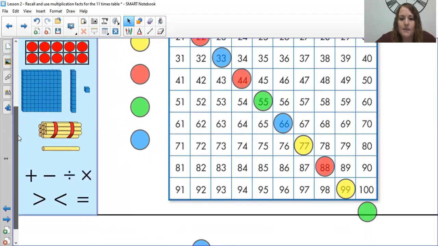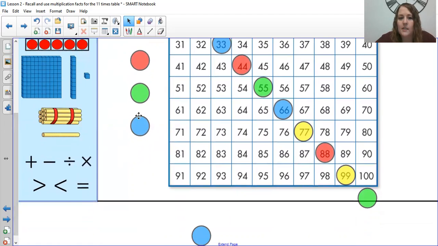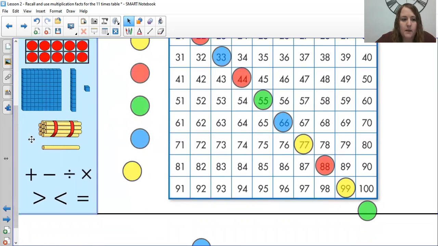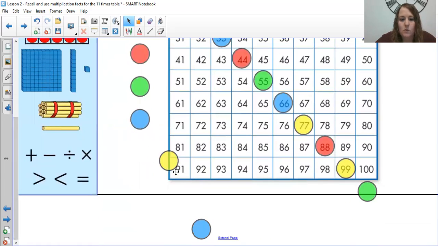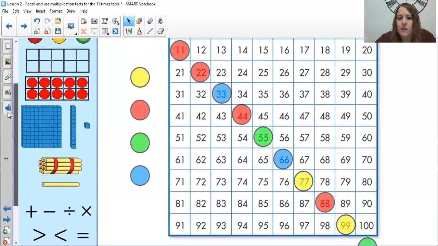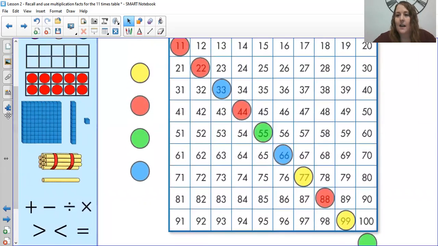And 11 times 11 would be 121. So I need one more yellow dot before it disappears off the screen and would go into the second column down here. So I wonder what would happen with that second diagonal. Would it carry on in that diagonal? And again, you can see I've used those colours there because they're the colours we were learning to use yesterday when we built our times table. Hopefully you spotted that as well.